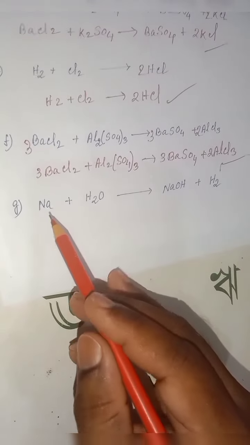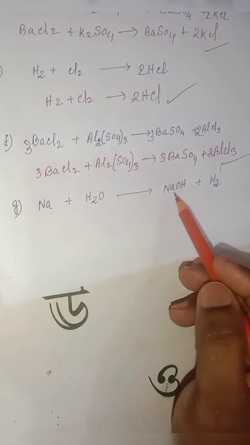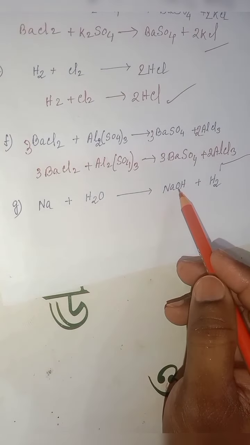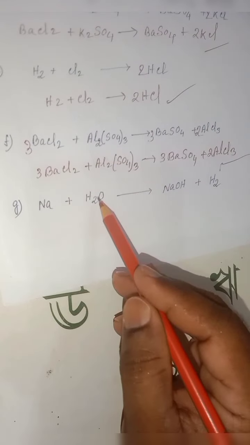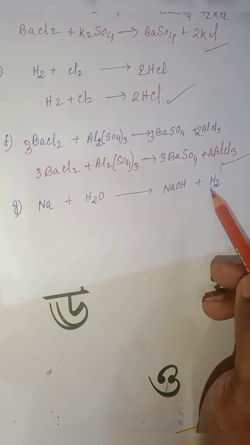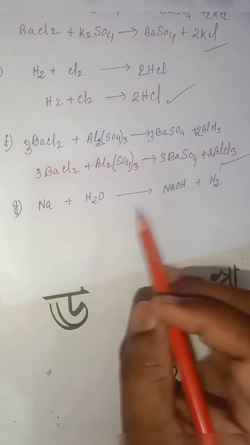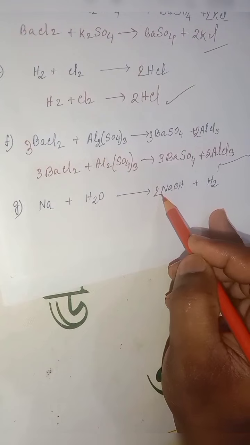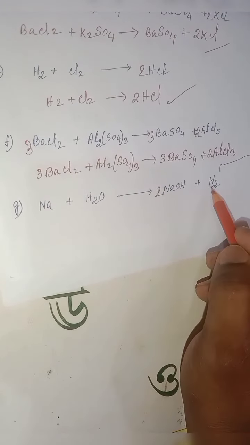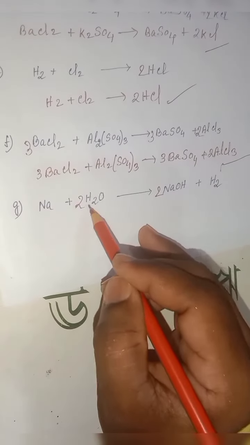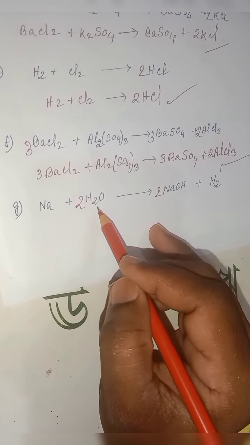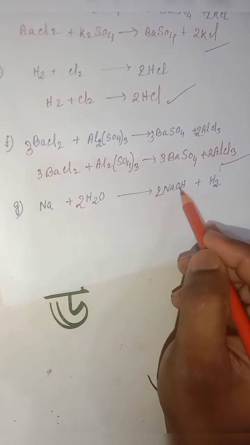That is number of sodium 1 and 1, number of oxygen 1 and 1, but the number of hydrogen atoms on the left side is 2 and on the right side 3. So multiply by 2: the number of hydrogen is 2 plus 2, that is 4, and 2 into 2 is 4. Oxygen is 2.